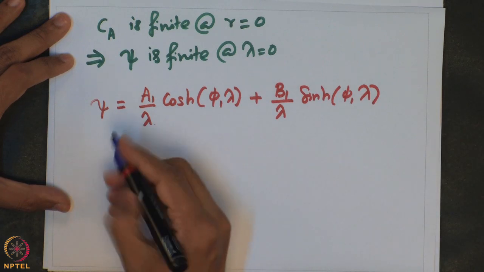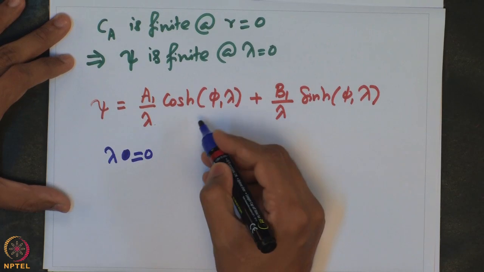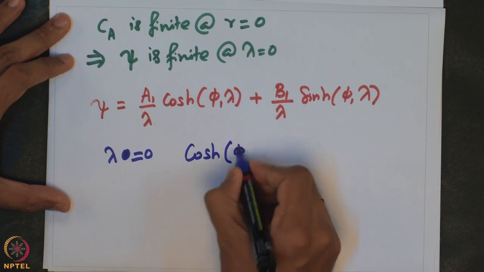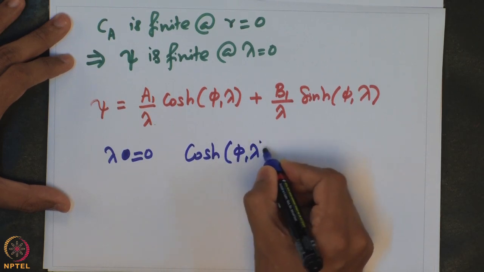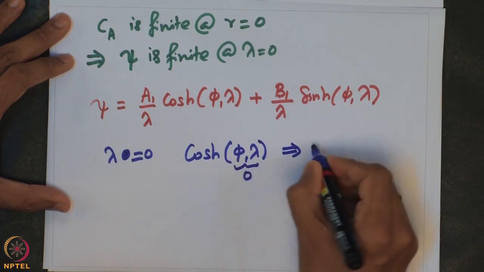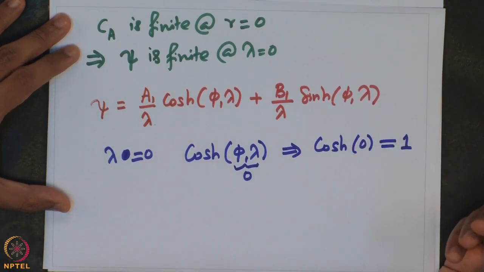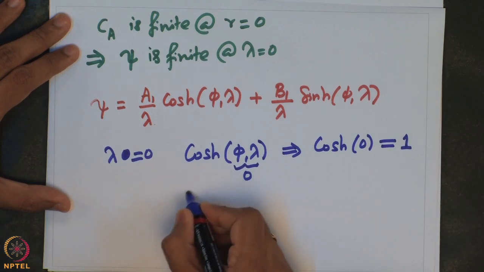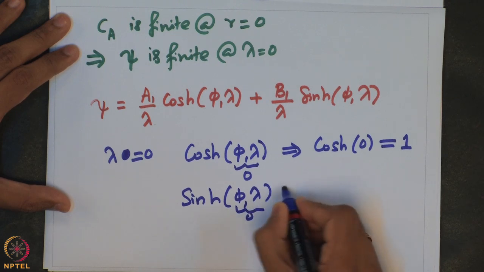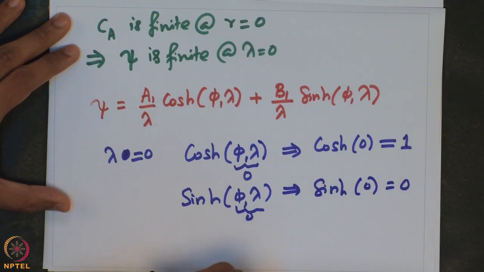So, at lambda equal to 0, what is the value of cos hyperbolic phi 1 lambda? When we set lambda equal to 0, cos hyperbolic 0 is equal to 1. And what about sin hyperbolic? When we set this to 0, sin hyperbolic of 0 is equal to 0.